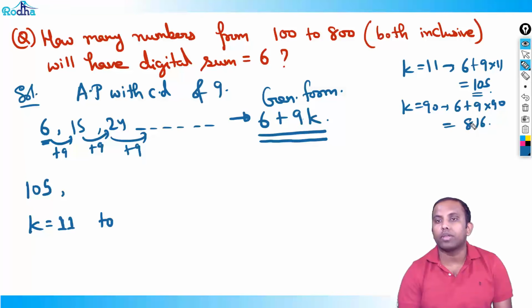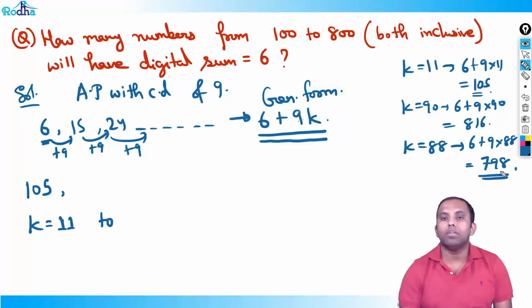So if I have to subtract more than 16, I have to subtract 2 times, because 9 into 2 is 18. If I subtract 18, it is under 800. That means k equal to 88 will do. At k equal to 88, what is 6 plus 9 into 88? 798. 798 is the last number just before 800.